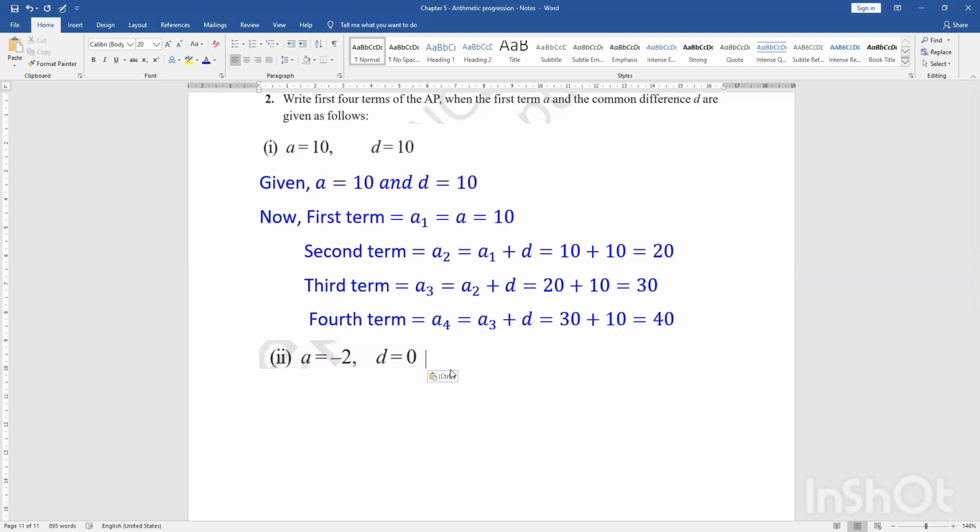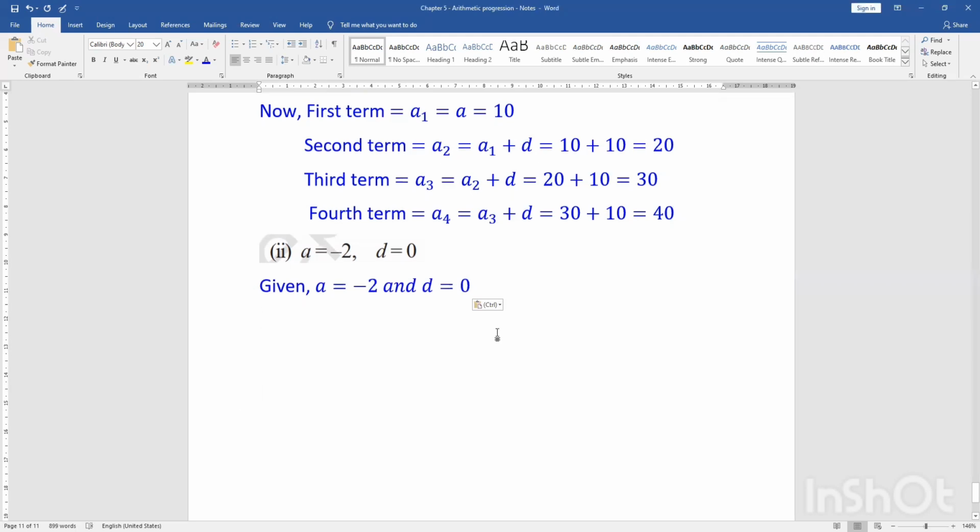So A equals -2 and D equals 0. So now what is given here? Given we have A equals -2 and D equals 0, right? So now the first term equals A1, which is equal to A, which is nothing but -2.